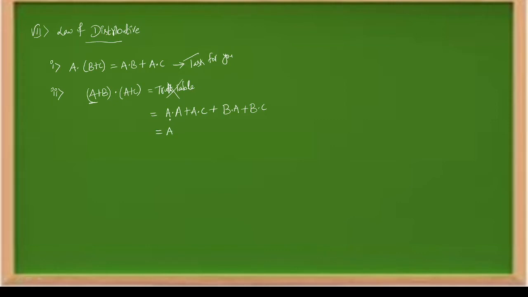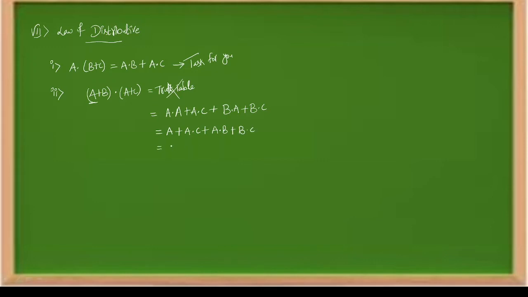From the previous postulates, I can replace A and A with A. Next, I write A and C as it is. From the law of commutative, I can write B and A as A and B, plus B and C.